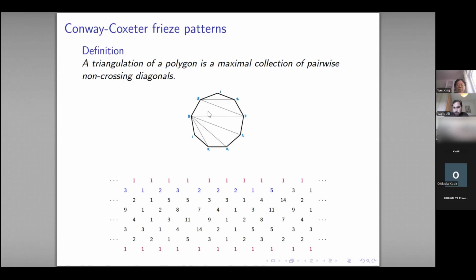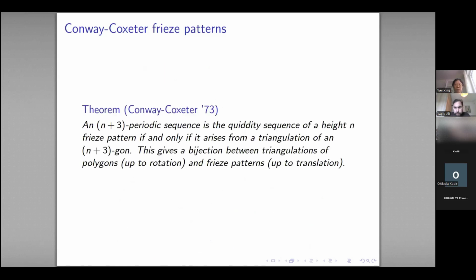So we have 3, 1, 2, 3. It's like here 3, 1, 2, 3, and so on. And indeed, there's a bijection between the triangulations of polygons and such Frieze patterns, as discovered by Conway and Coxeter in 1973.